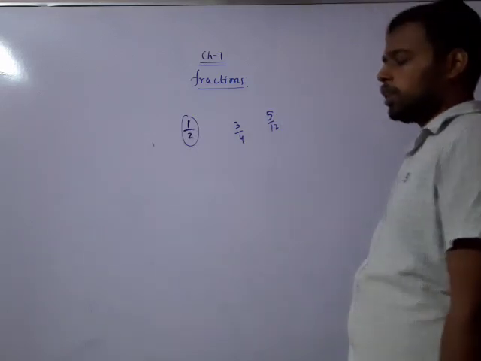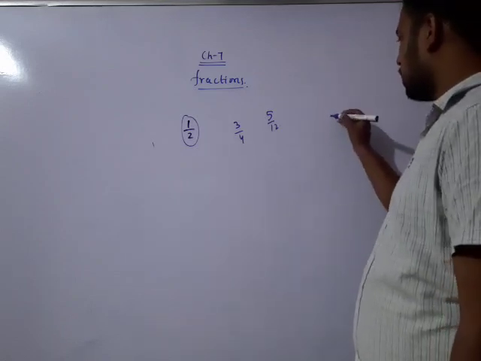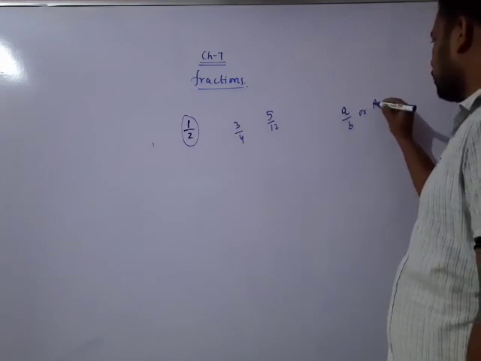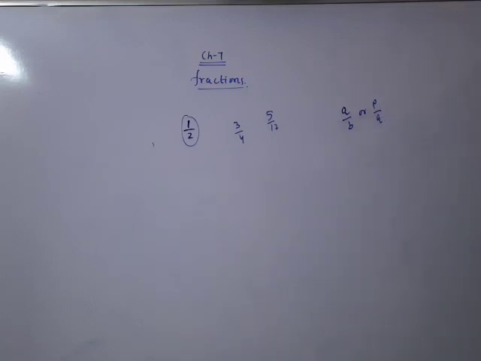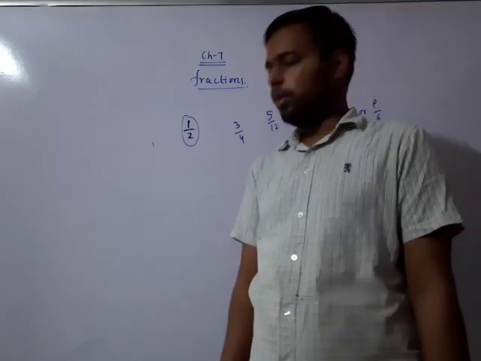So we can say when numbers are represented in the form of a by b or p by q, they are known as fractions. The basic definition of fraction is a part of a whole number.